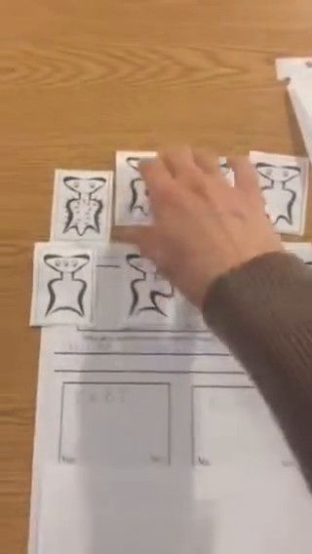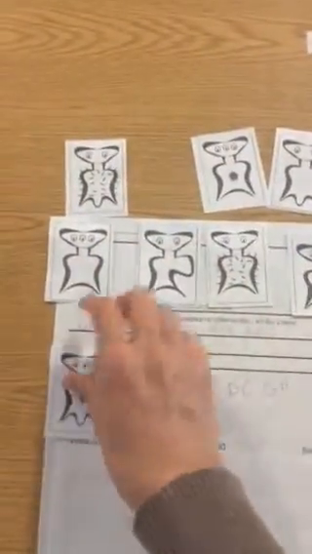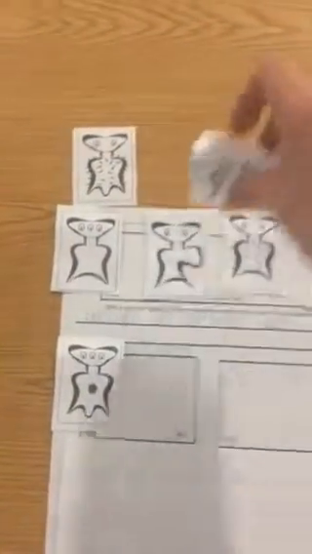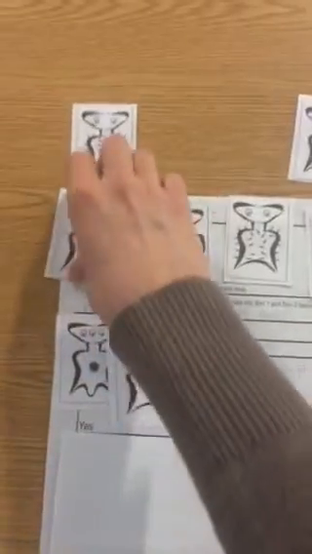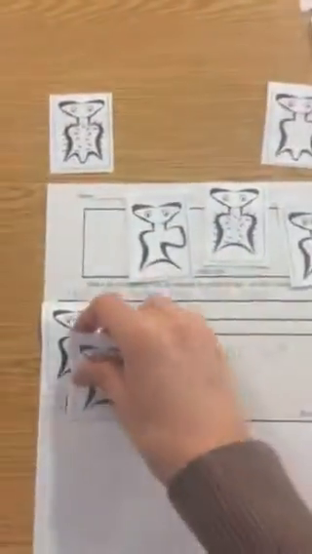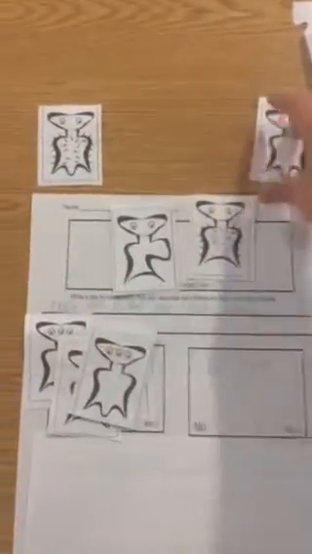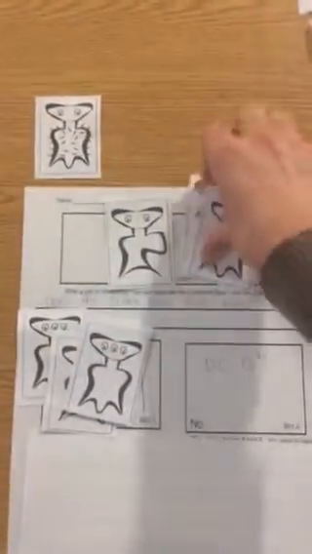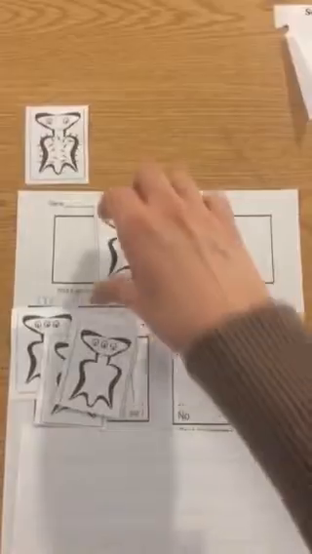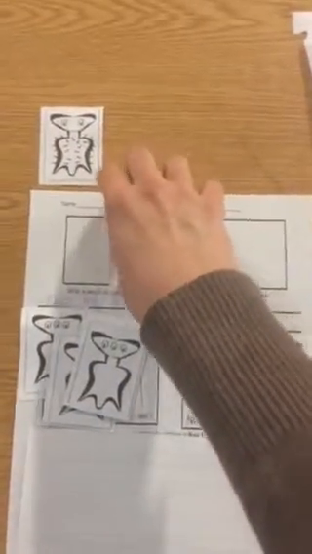So I take my critters. I have 1, 2, 3, and 4 that have 3 eyes, and then these 4 only have 2 eyes. So I'm going to put them in box 2 because the answer to this question, does the critter have 3 eyes, is no. Now, where did I get the letters from? If you flip over the card, on the back you'll see that there are letters assigned.